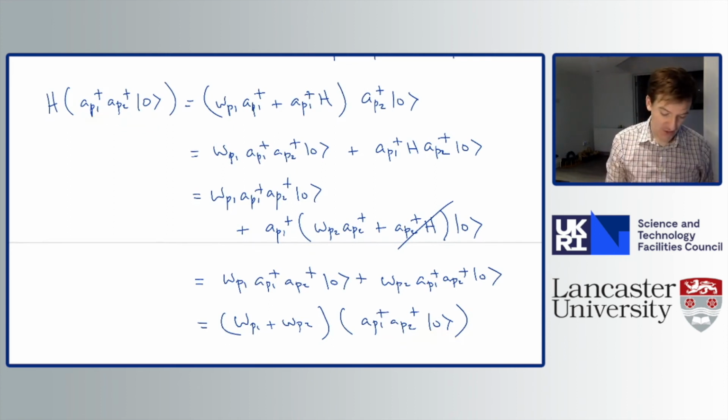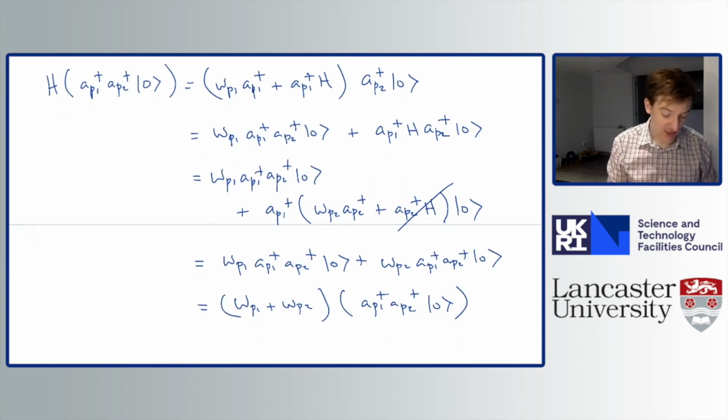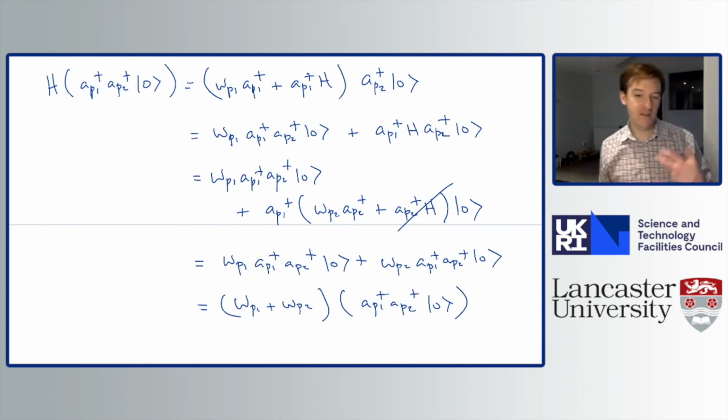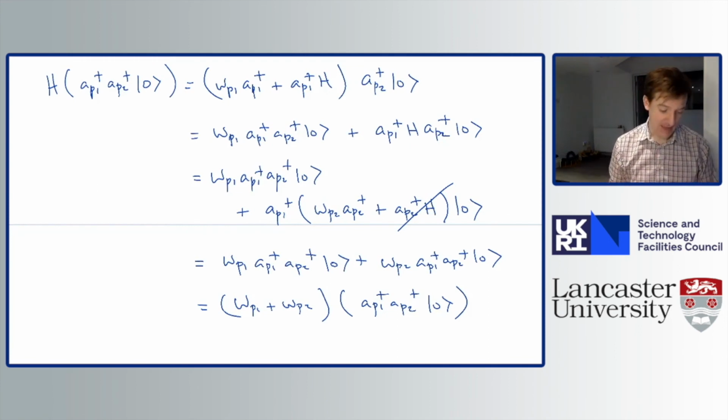So what we find is that the Hamiltonian acting on this state, or rather the energy of this state, is simply the sum of omega_p1 plus omega_p2. These separate energies that we would have from p1 and from p2 simply add together.